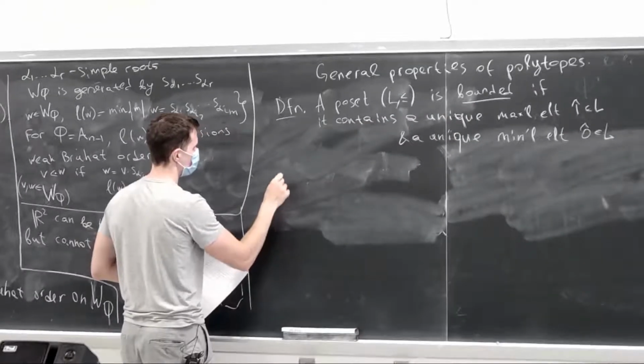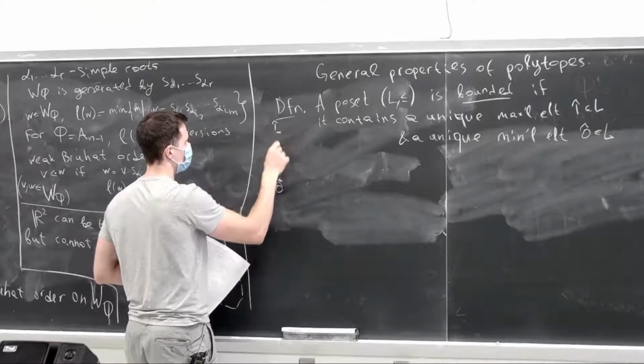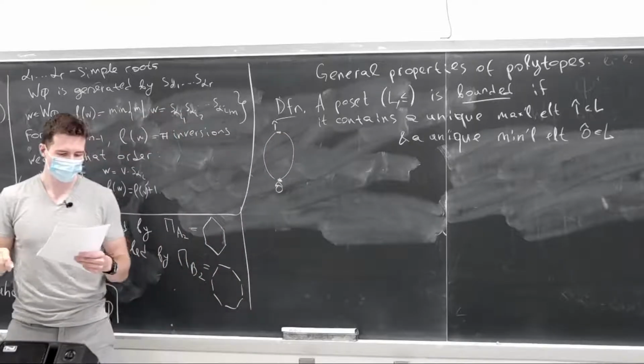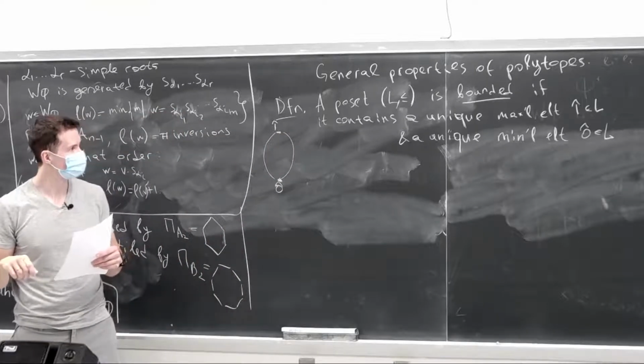In the Hasse diagram, 0 hat is somewhere here, 1 hat is somewhere here, and then the whole poset is between these two. And that's one definition.